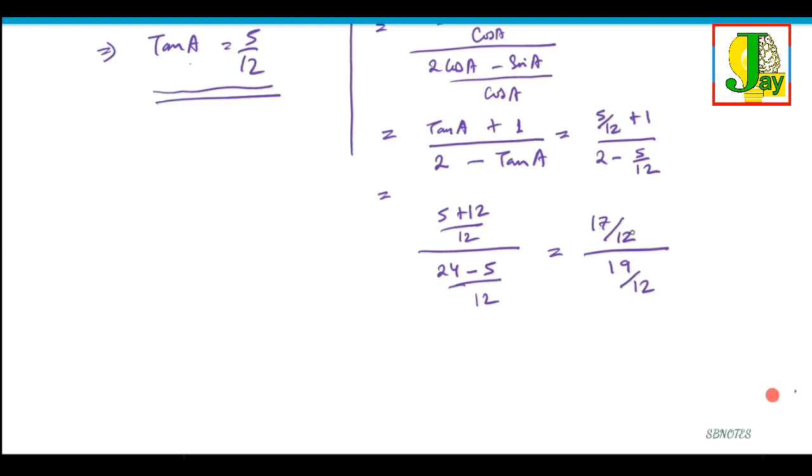Now multiplying both numerator and denominator by 12, the 12 gets cancelled, so that's 17 by 19. This is one of the easier ways. You can go by the other method, it doesn't matter, you'll get the same result.